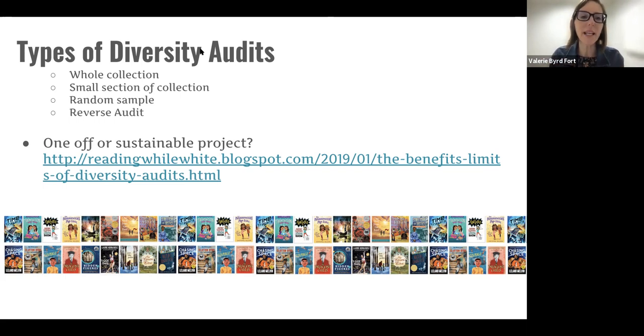I also have a link here to a blog, Reading While White, and this is a blog post about the benefits of a diversity book audit, but also the limits of the audit. So make sure that it's not something you're just doing one time as a checkbox, like, okay, I did my diverse book audit, I know what I have, and then just putting it in a drawer.